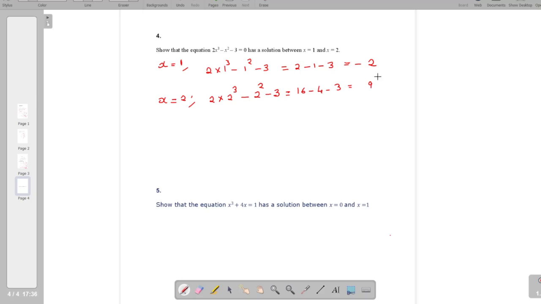So you could see there's a sign change between the values here. So what is this telling us? Since there's a sign change between x is equal to 1 and x is equal to 2, the equation has a solution between 1 and 2. At least one of the roots has got to lie between x equal to 1 and x equal to 2.